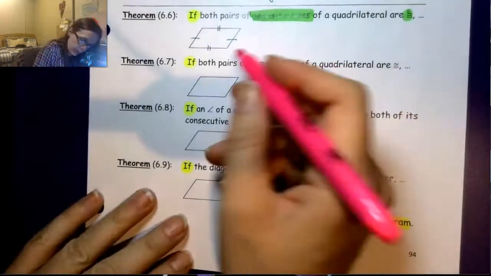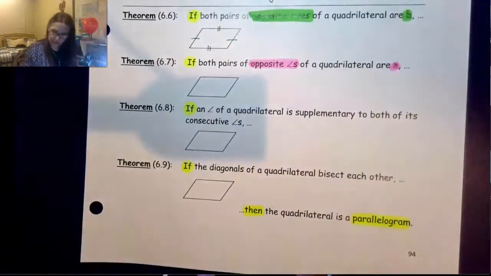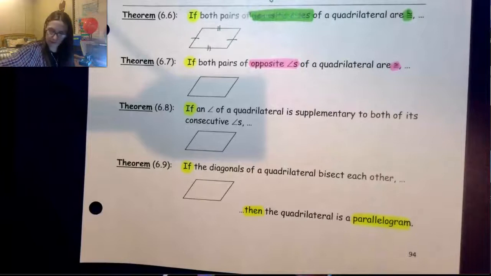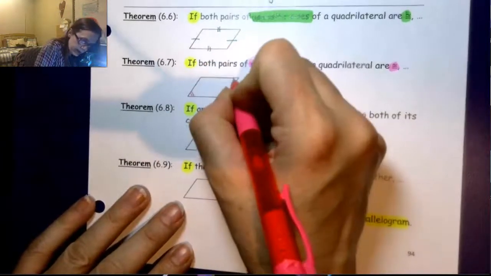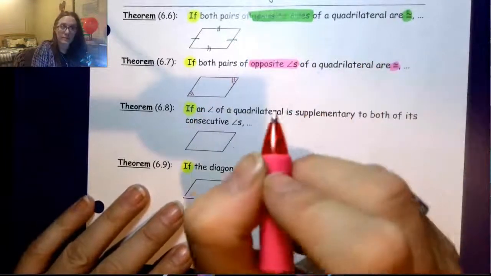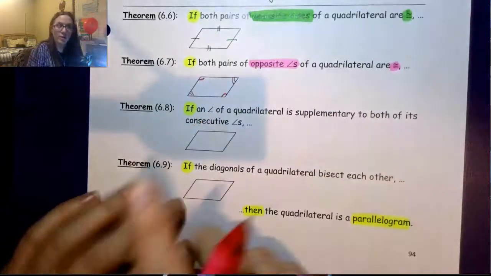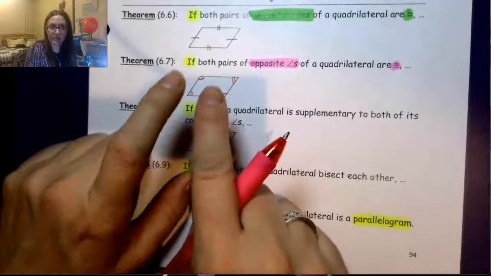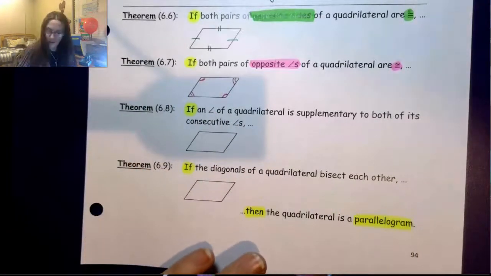My next one I'll do in pink. If both pairs of opposite angles are congruent, that means this angle over here is congruent to this angle over here, and this one here is congruent to this one here. Then I know it's going to be a parallelogram. The next one I'm going to do in orange.